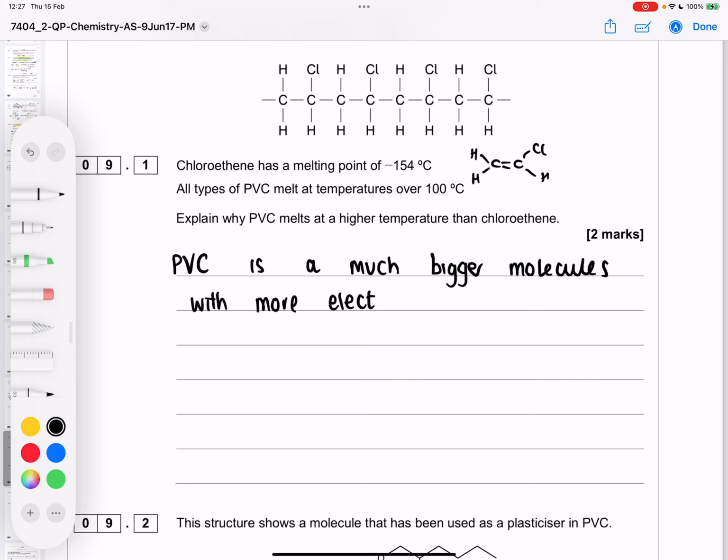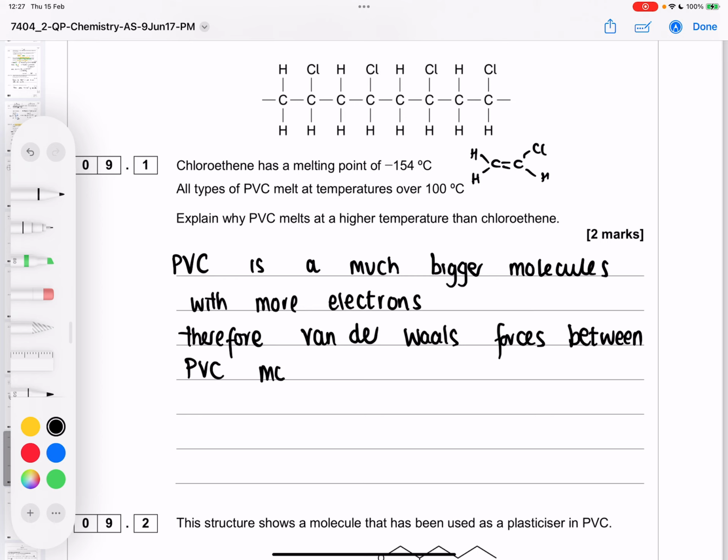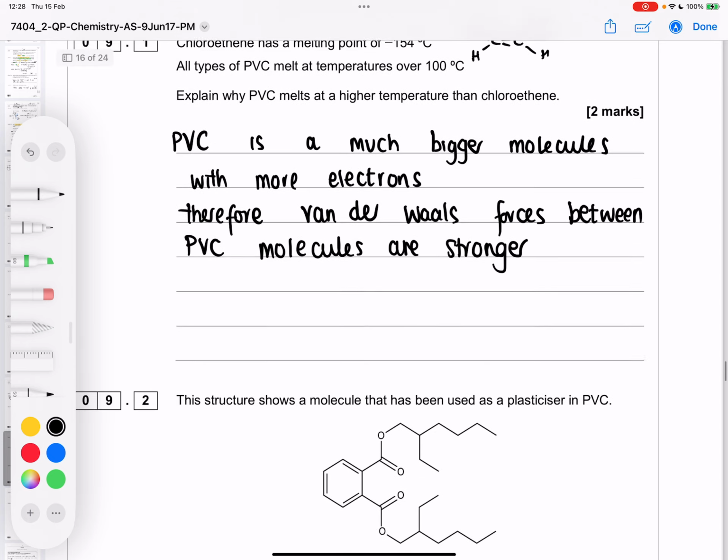And if it has more electrons, the van der Waals forces between the molecules will be much stronger, because the van der Waals are caused by the electrons. Therefore, the van der Waals forces between PVC molecules, remember it's an intermolecular force, are stronger than those between chloroethene.